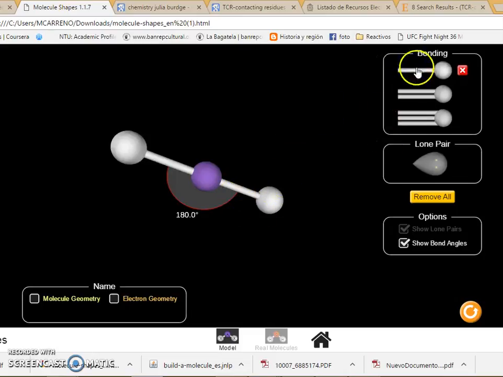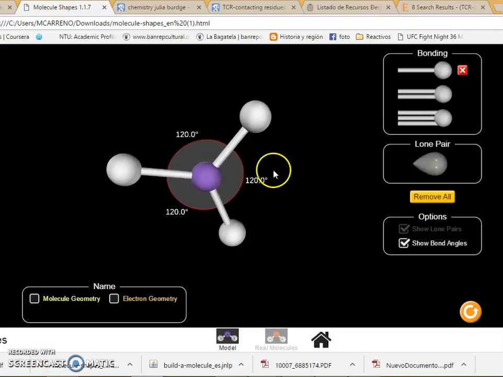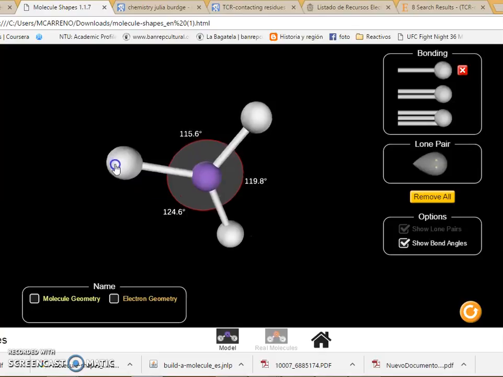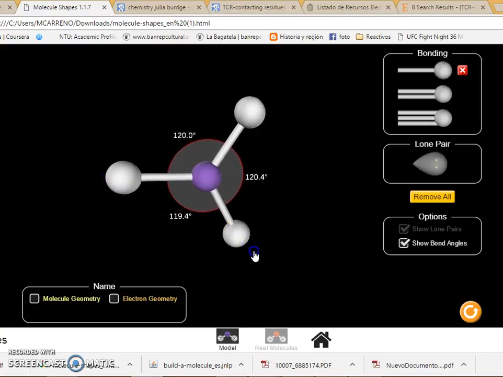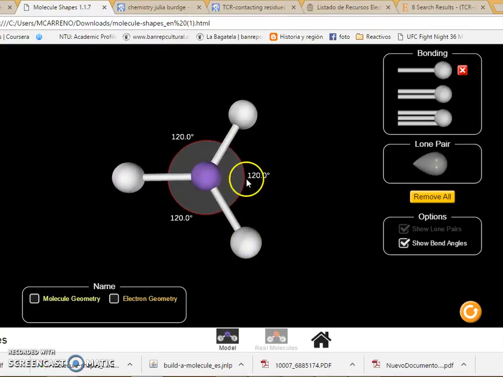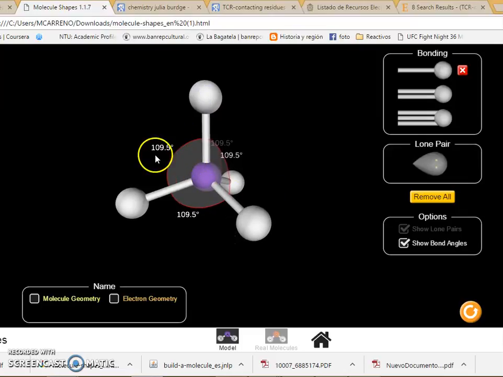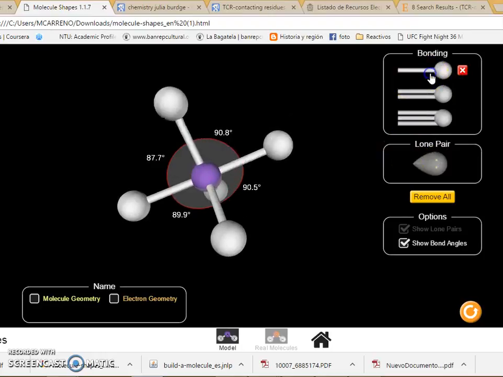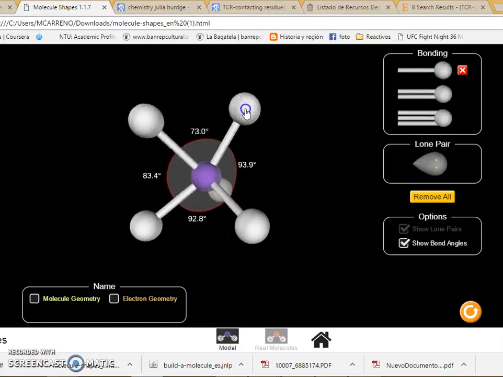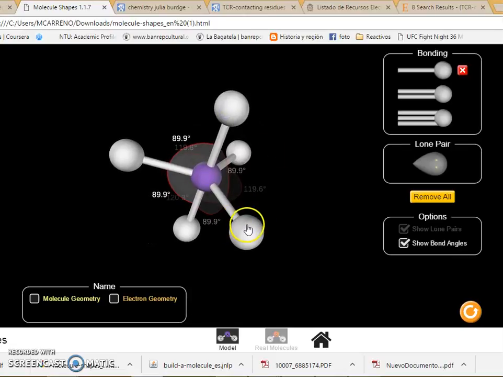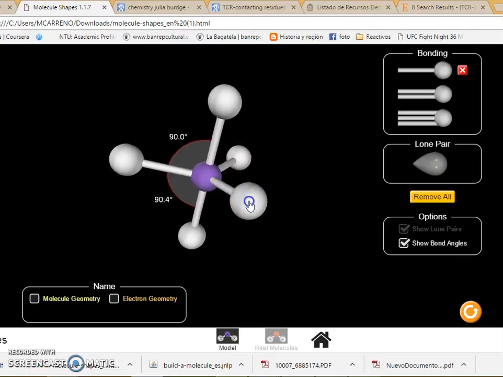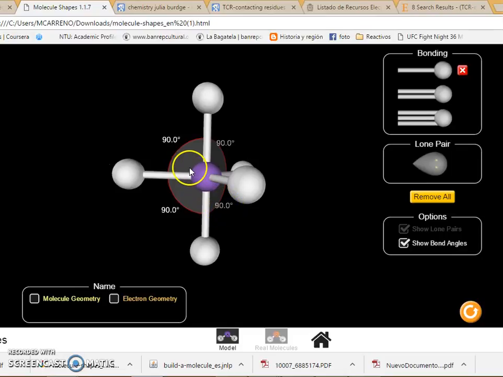Okay? If we add another atom, we will have the trigonal planar shape with 120 degrees between each of the bonds. We add another atom, we will have the tetrahedral shape, and its angle is 109.5 degrees. Another bond will give the trigonal bipyramidal shape. In this case, we'll have two kinds of angles.